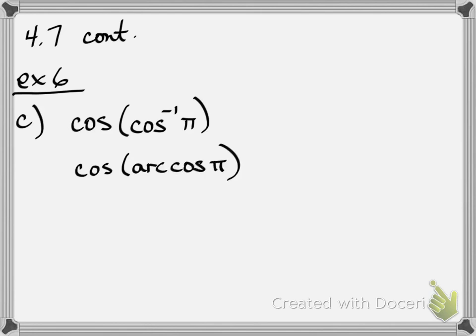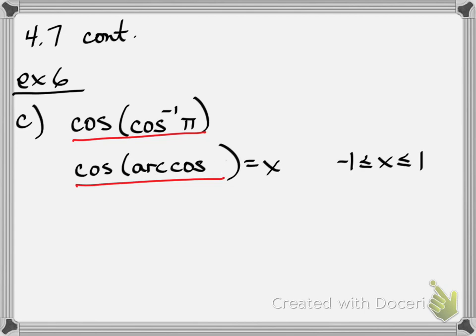For that rule, cosine of the arc cosine of x equals x, and x was restricted between -1 and 1. So this problem fits this rule.